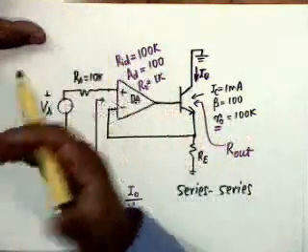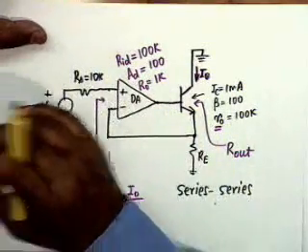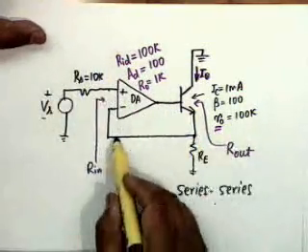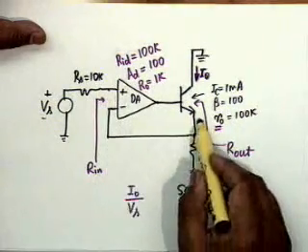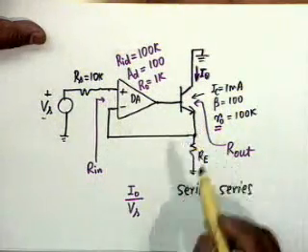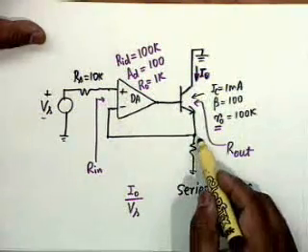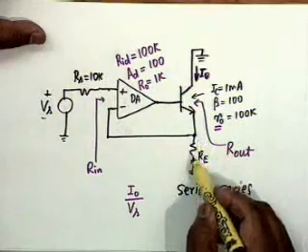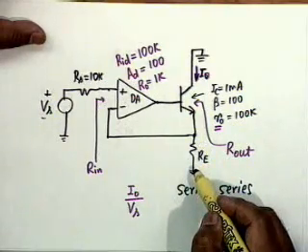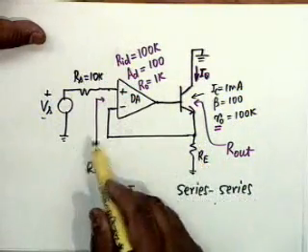Then the question is, with RE equal to 1K, what is the actual I0 by Vs realized? Now to get the A circuit, obviously what you have to do is open here, so I get RE. And as far as this transistor is concerned, it will also see RE, because it's a series.